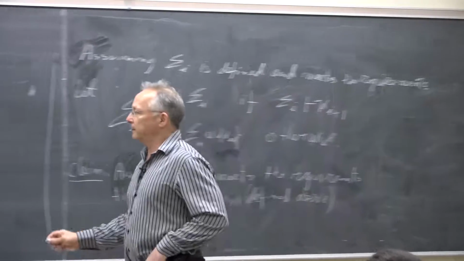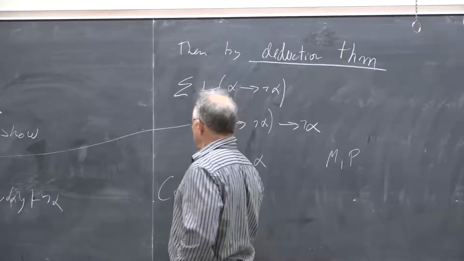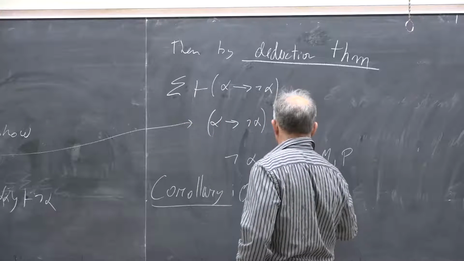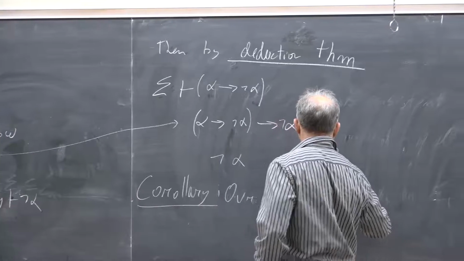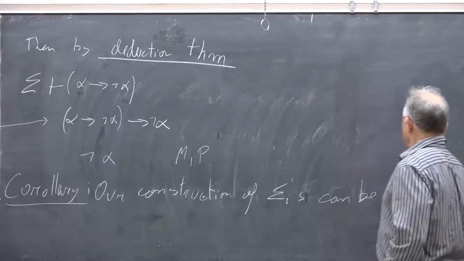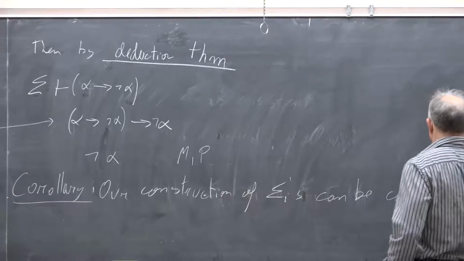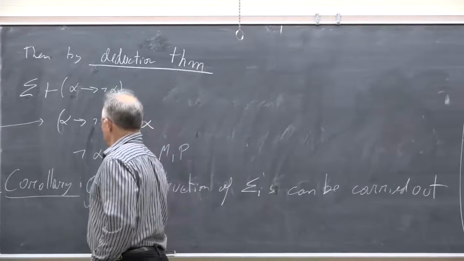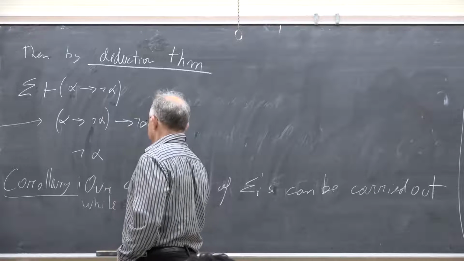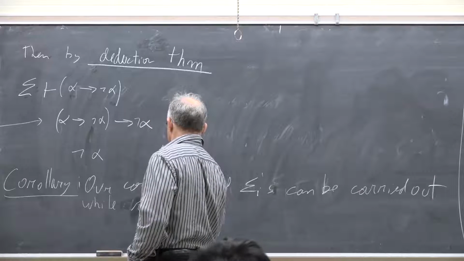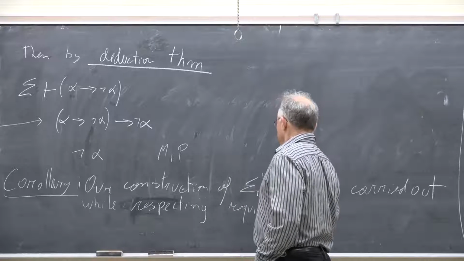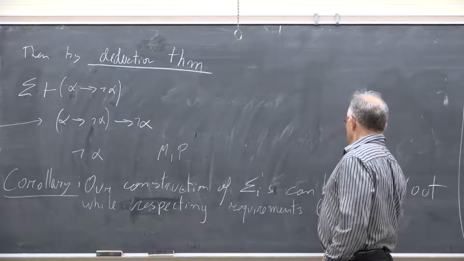So now the corollary: our construction of sigma i's can be carried out while respecting requirements 1, 2, 3.